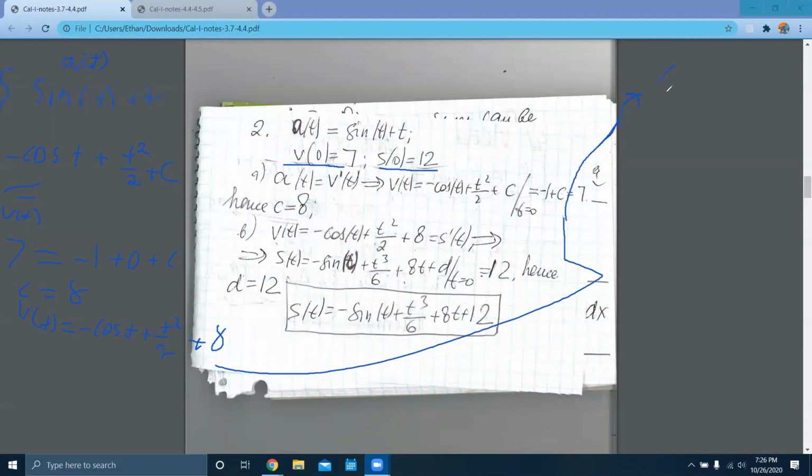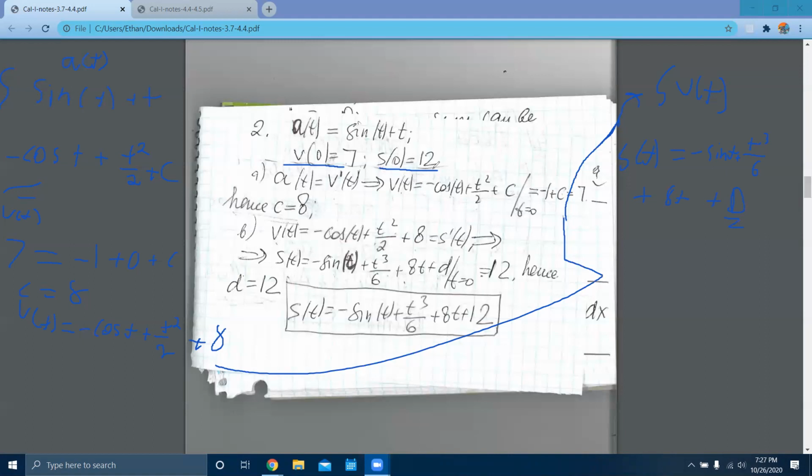So now we're going to come over here, and we're going to take the antiderivative of v of t, which is going to give us s of t, which is equal to negative sine t plus t cubed over 6 plus 8t plus d, our additional variable I talked about earlier. Then we're given the second initial condition.